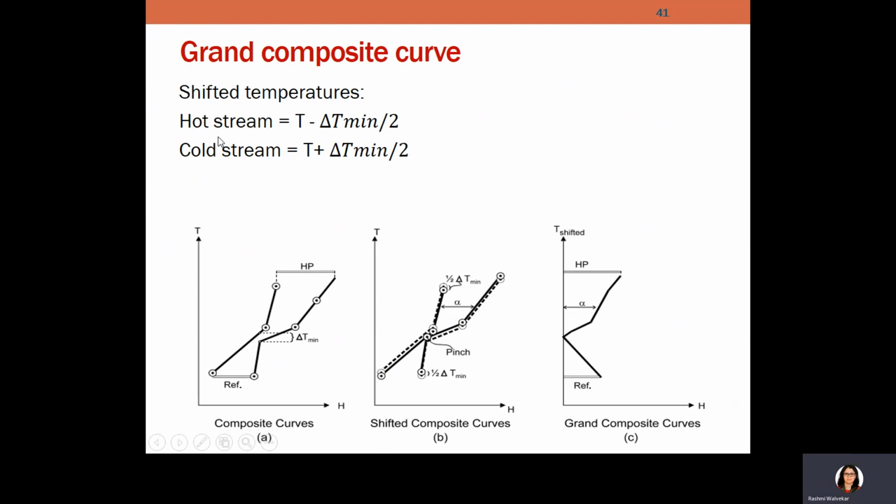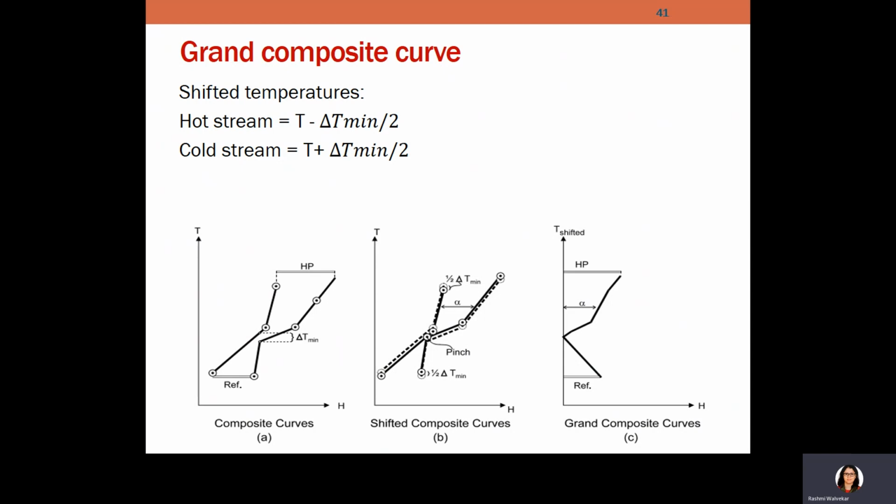So all the hot streams use the initial temperature or final temperature minus delta T minimum over 2. If it is 10 degrees Celsius, then 10 divided by 2 is 5. If the supply temperature is 50 degrees Celsius, it's 50 minus 5. And the target temperature, if it is 80 degrees Celsius, it's 80 minus 5.